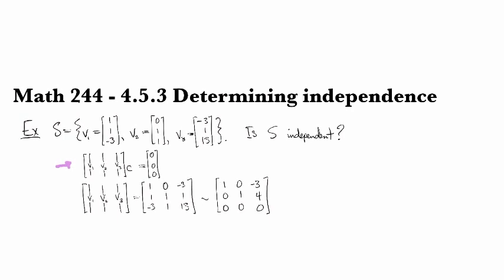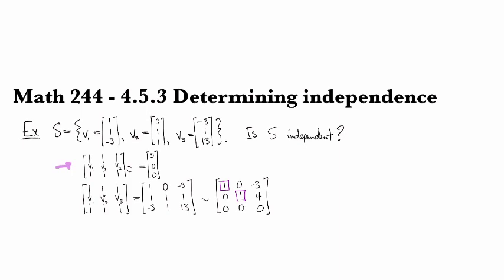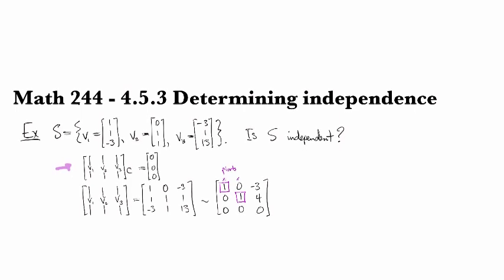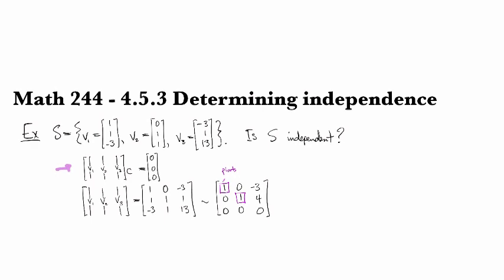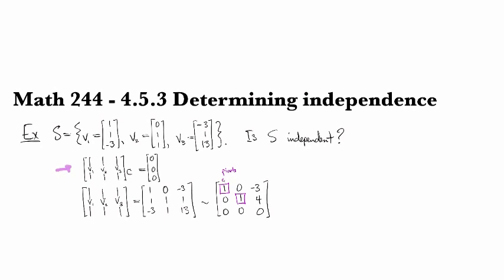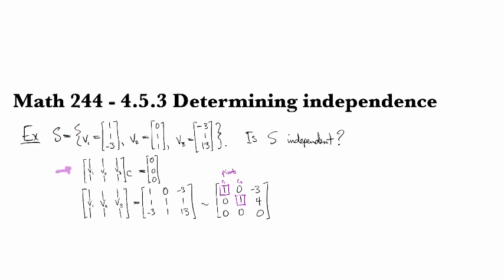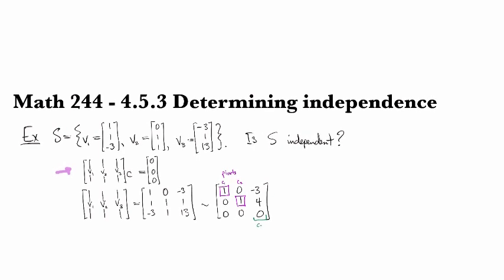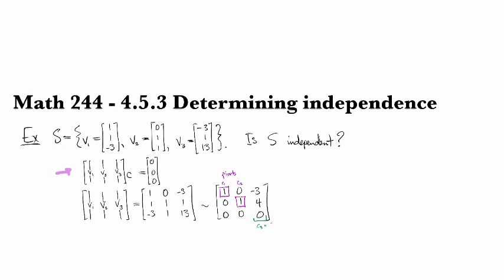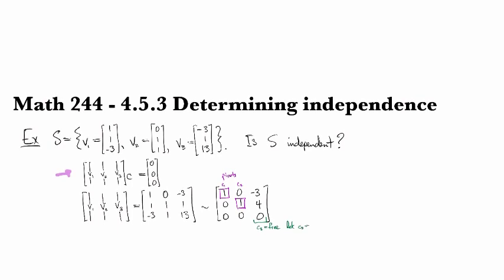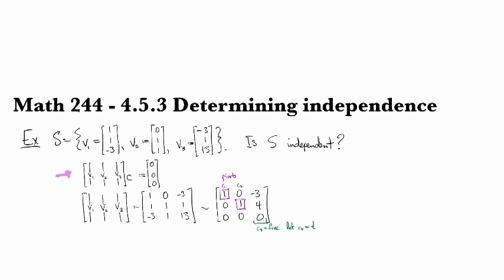From this, we see we have pivots for C1 and C2. And so then C3 is free. So let's let C3 be some free parameter t.